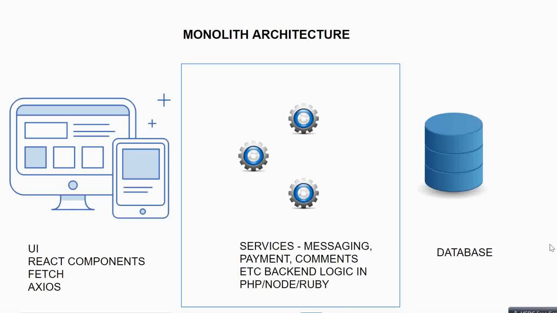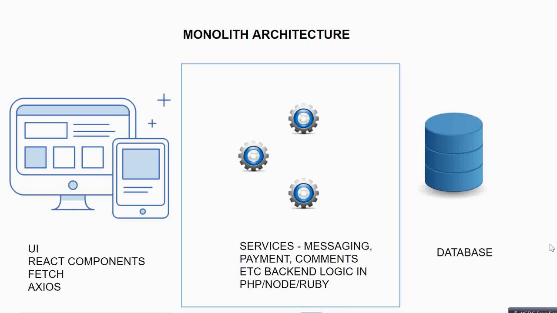So in that case, a lot of it is actually not suggested, but for small purpose or small scale applications, this is still suggestible. Okay, but some database transactions, all those happen from a single server or a single container. So this is monolithic architecture.